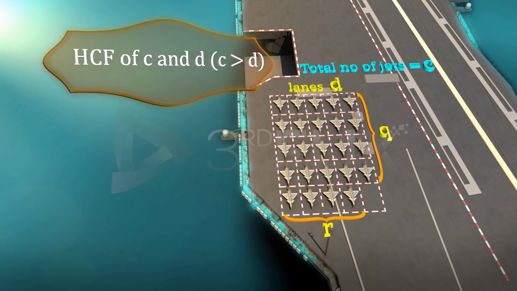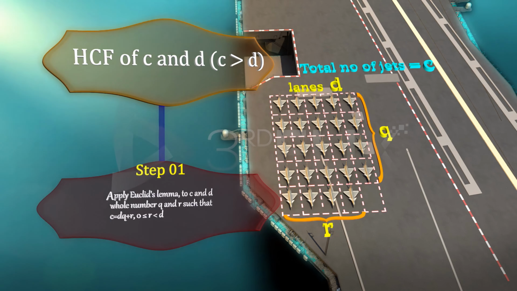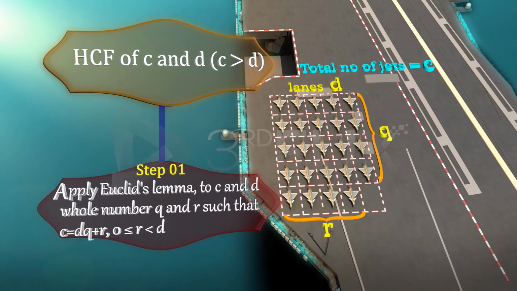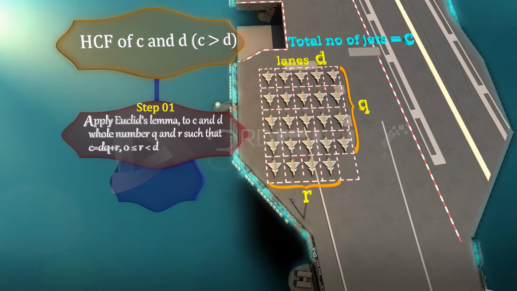Step 1. Apply Euclid's division lemma to c and d. We find whole numbers q and r such that c equals dq plus r, 0 less than or equal to r less than d. Step 2.